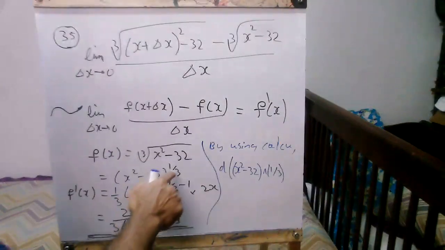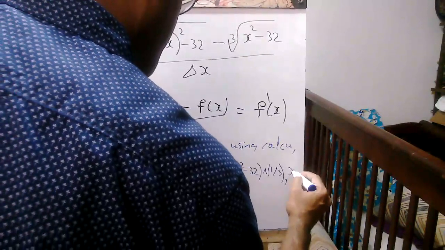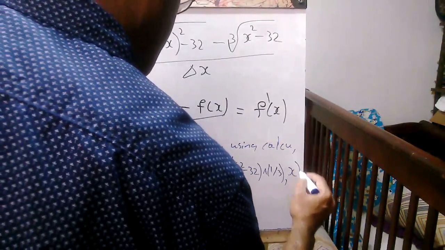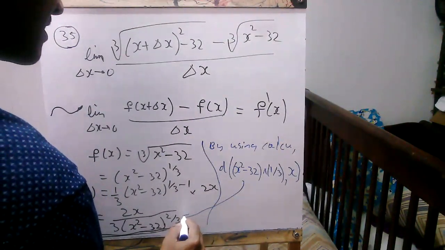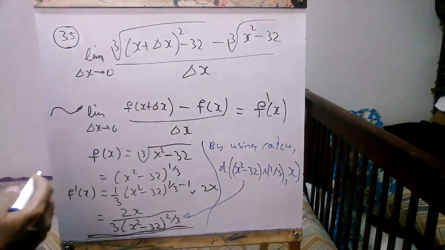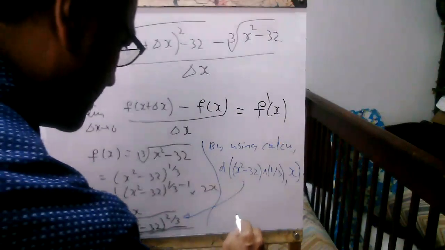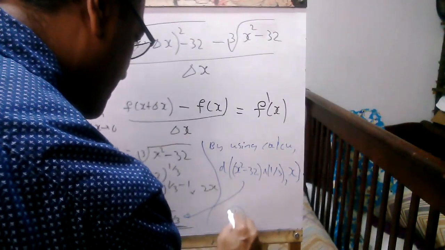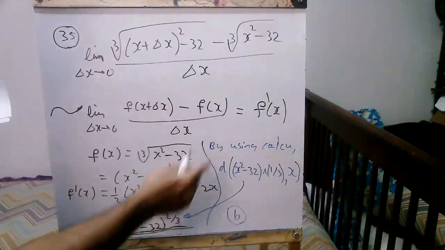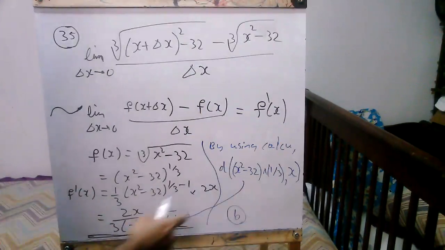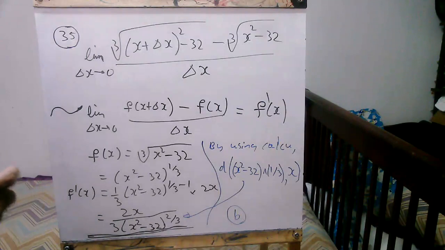That gives us the 1/3 power. We differentiate with respect to x, right? This gives us the same answer as this, right? And the answer choice is B. This is if you do it by hand, this is if you do it by calculator. In both ways we get the same answer. The answer choice is B.